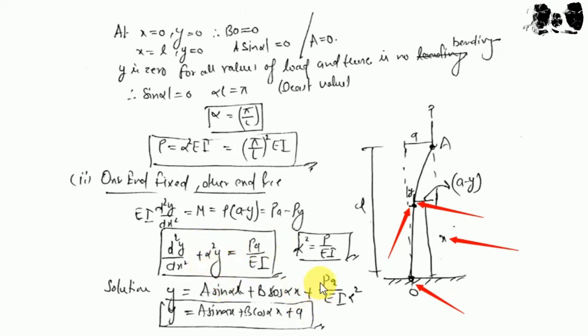Placing the value of alpha square, which is P upon EI, the P upon EI terms cancel out and what remains is a. Then the final solution equation is y is equal to A sin alpha x plus B cos alpha x plus a.